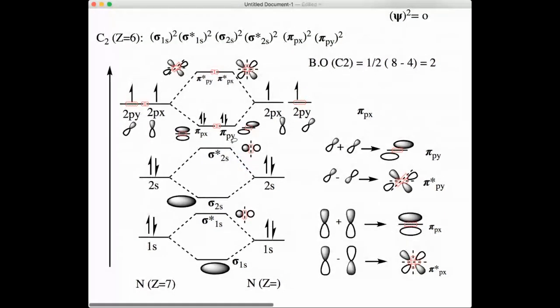And then we have 2p3, so I'm gonna delete this because now the picture is different. So we'll have 2p3, so I'm gonna say 1 p orbital, another p orbital, and then a third.